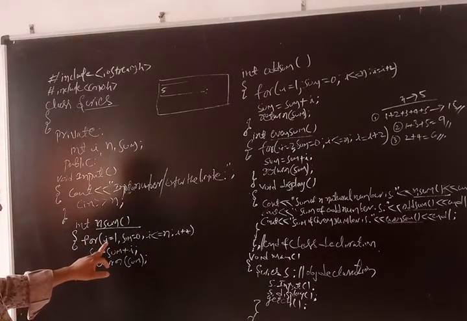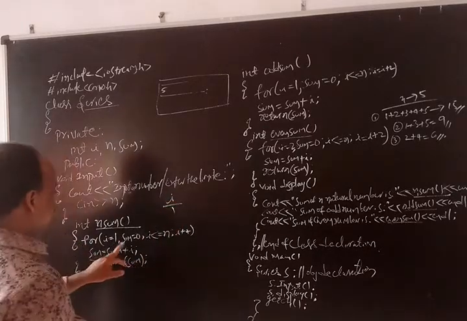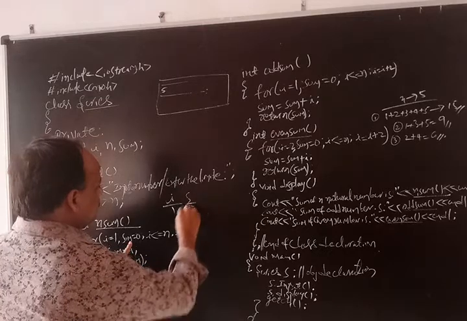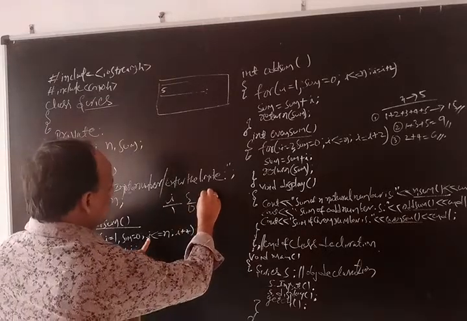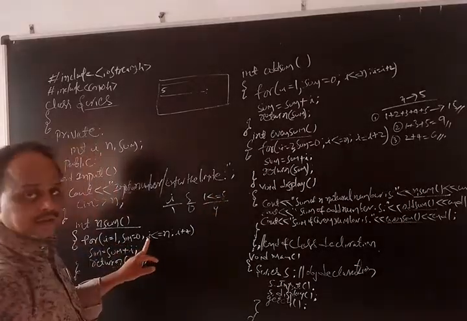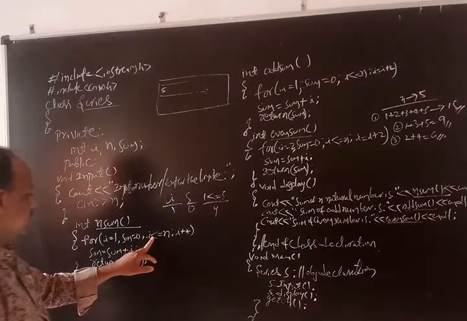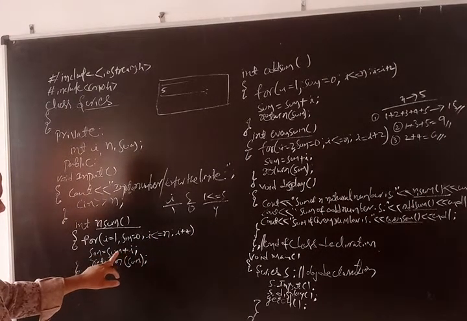Here for I equal to 1, initialization. I is equal to 1. Sum is equal to 0. Next, I less than or equal to n, that is 1 less than or equal to 5. Yes. Next, cursor comes here, sum is equal to sum plus I. Initially sum is 0.